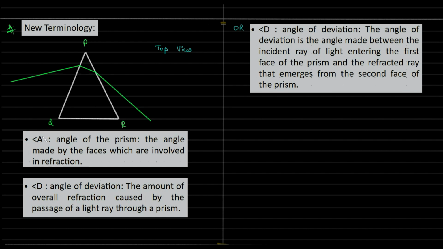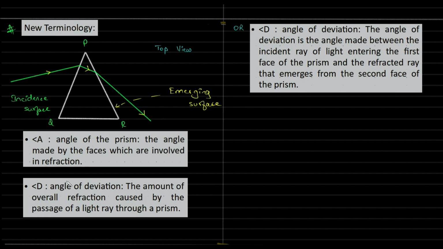So PQ is your incidence surface, and PR is your emerging surface, that is the light is coming out from here. Incident ray, refracted ray, and emerging ray.